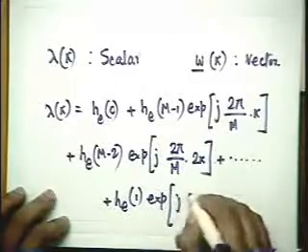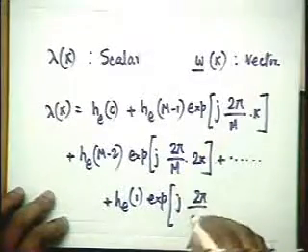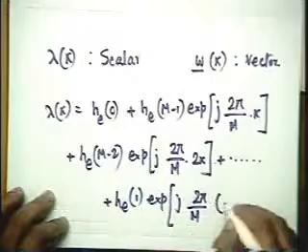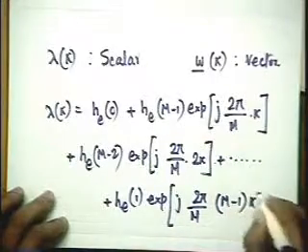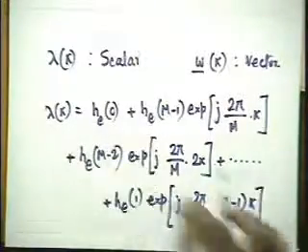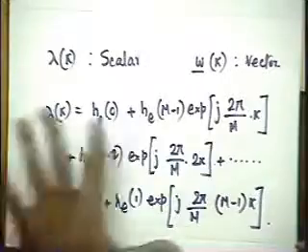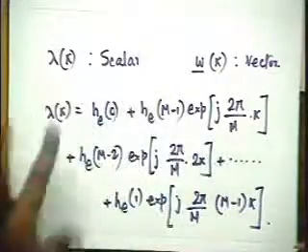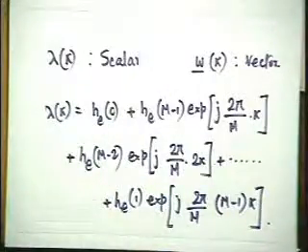Exponential to the power j 2 pi by m into m-1 into k. This is going to be the last term here. So that is how I define a scalar quantity lambda k. Lambda k is scalar, isn't it? You can clearly see lambda k is a scalar.